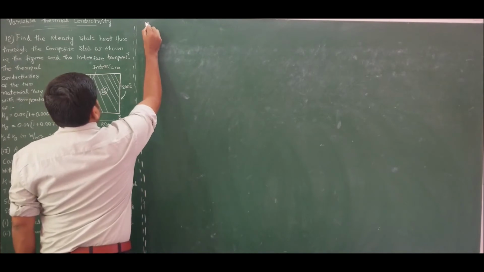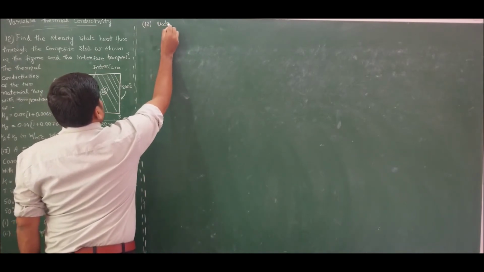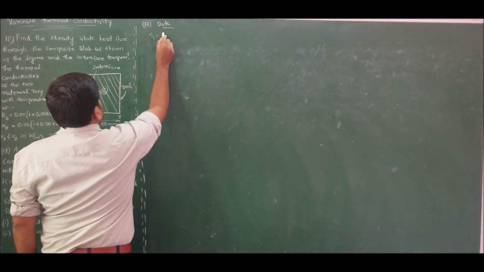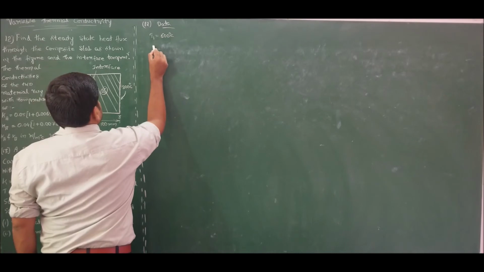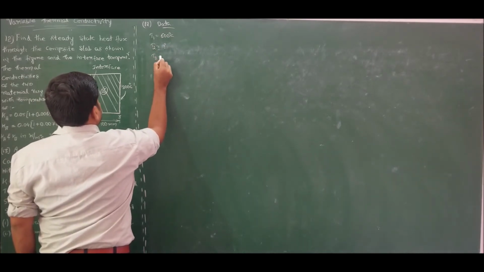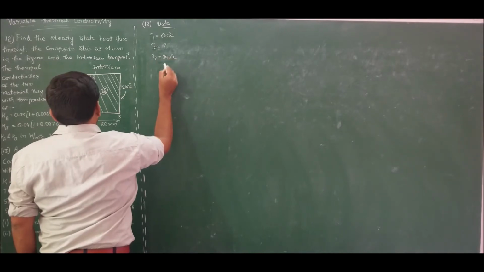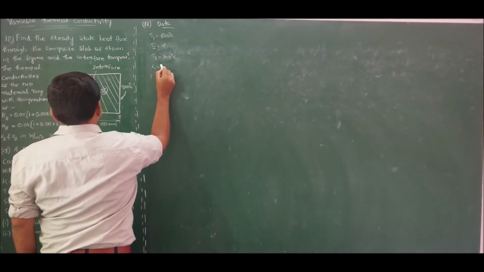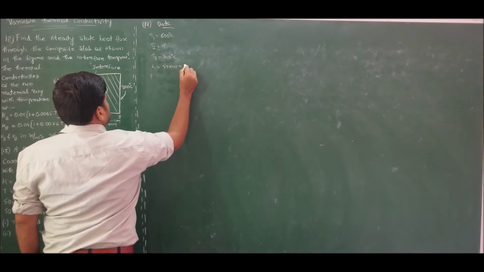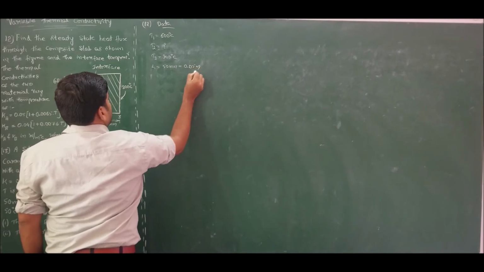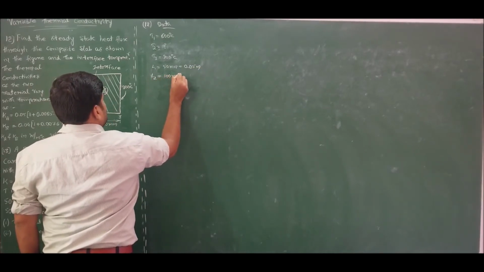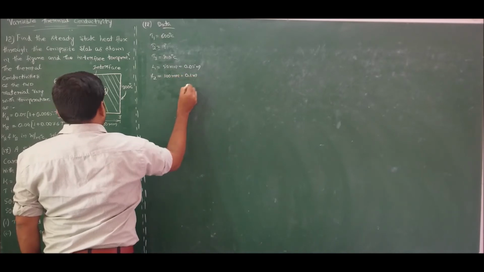If I list out the data given for problem number 12, we have the temperature T1, which is 600 degrees Celsius, T2 is not known to us, and T3 is given, which is 300 degrees Celsius, and L1 is 50 mm from the figure, which is nothing but 0.05 meters, and L2 is 100 mm, which is nothing but 0.1 meters.